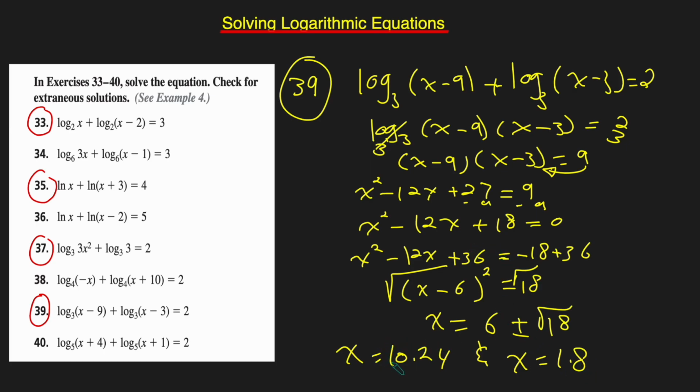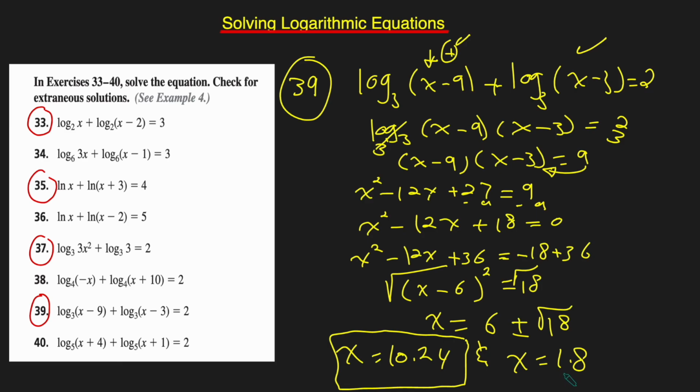I'll go ahead and check my first value, which is 10.24. In here, it's great because 10.24 is higher than 9. I will have a positive here. I'm okay. If I come over here, I only have a negative 3, and this is a 10, so I am also okay. So this is a solution for sure.